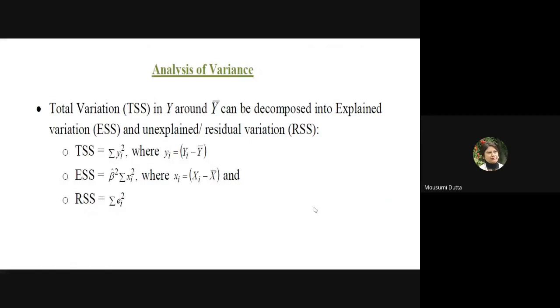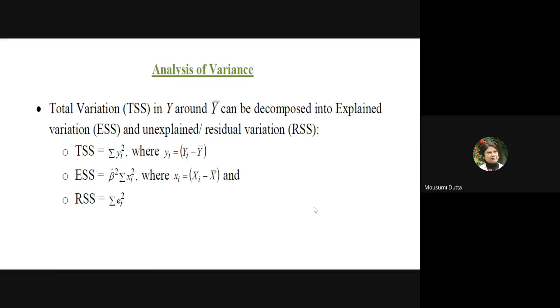Analysis of variance part. Okay, so in regression analysis, we are familiar with three terms: TSS, ESS, RSS. Already we have done several things based on RSS, residual sum of squares. There are two things as well. In the left hand side, actually we are trying to capture the variation in yi.